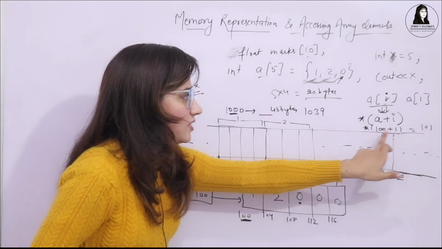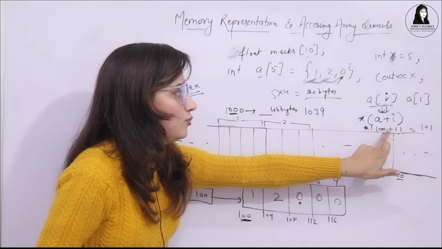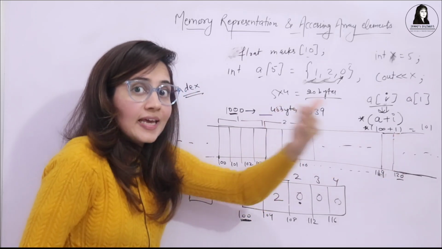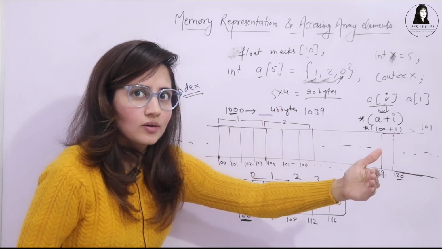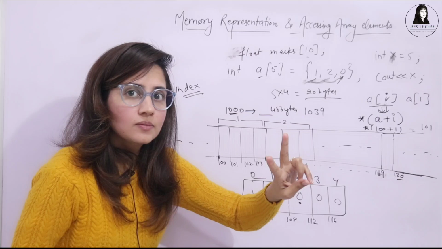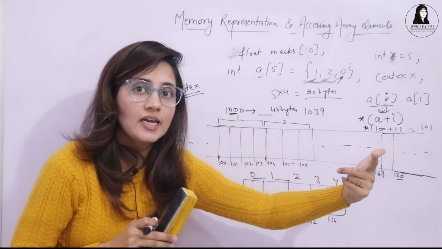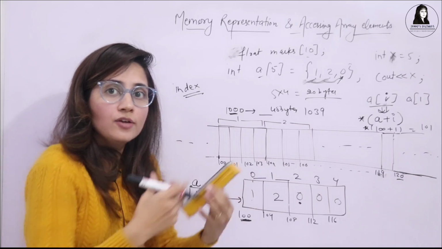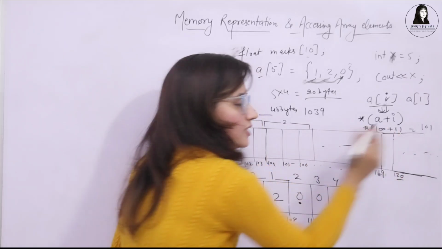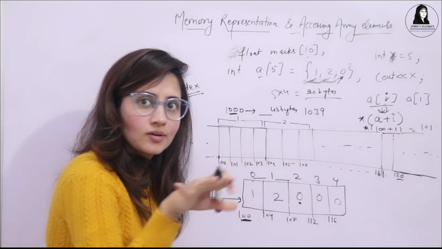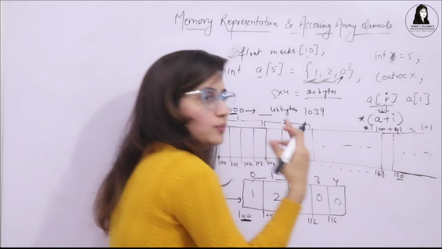It means the address of the next element. One element takes 4 bytes here, because it is an integer. So the address of the next element is what? You have to add 4 here. So this 1 actually means plus 4.